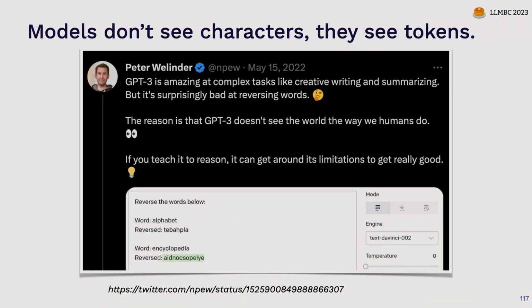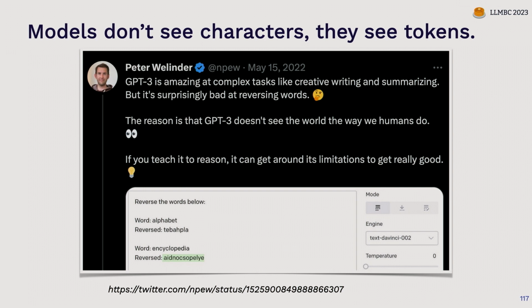One of the most famous examples of this in early GPT-3 was that it was really, really bad at simple tasks like reversing words. If you tried to get the model to reverse a word like alphabet or encyclopedia, it's basically not able to do that, even though that's a really simple task for humans.